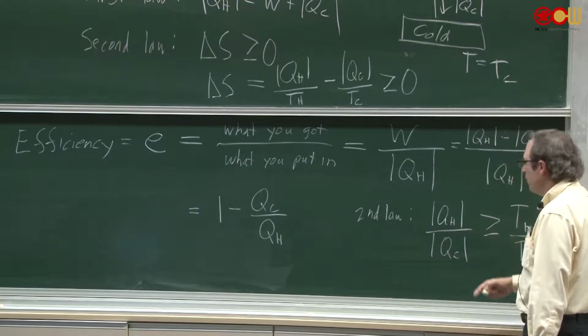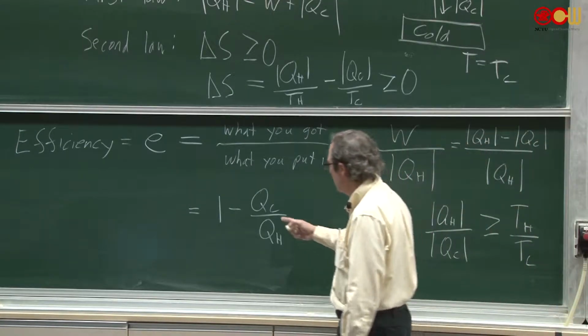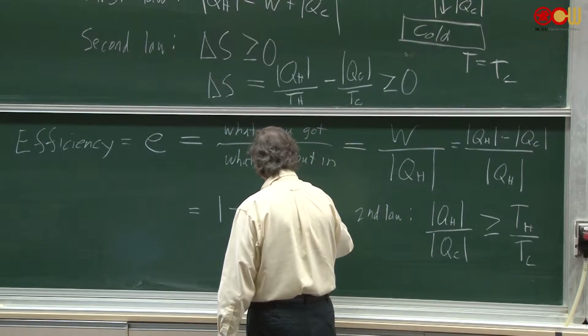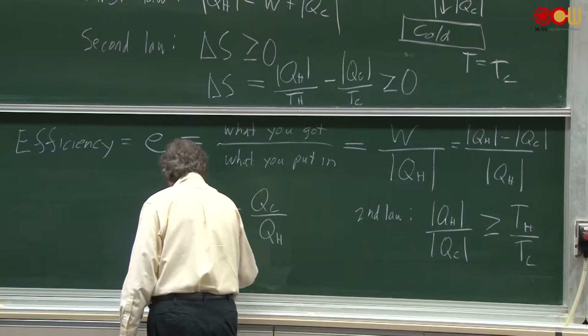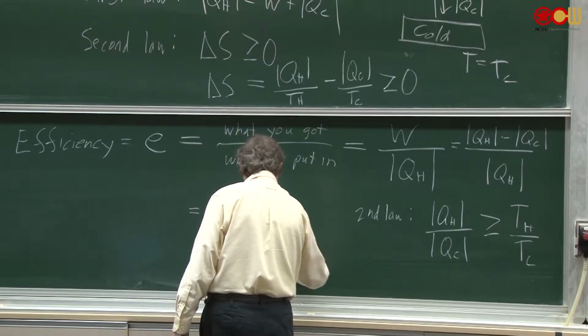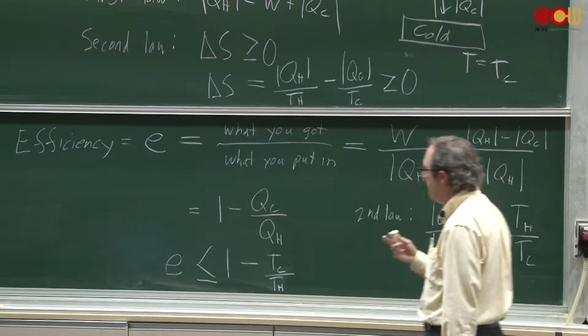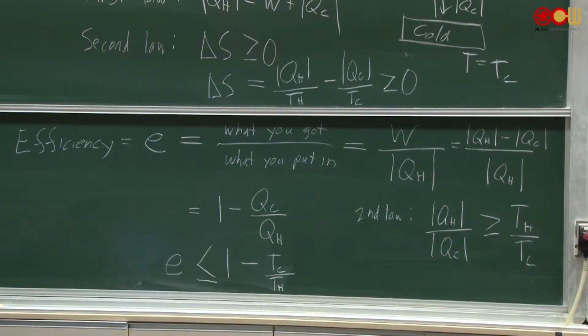So QC over QH is less than or equal to TC over TH. All right? So the efficiency is less than or equal to 1 minus TC over TH. Okay, all the temperatures are in Kelvin.